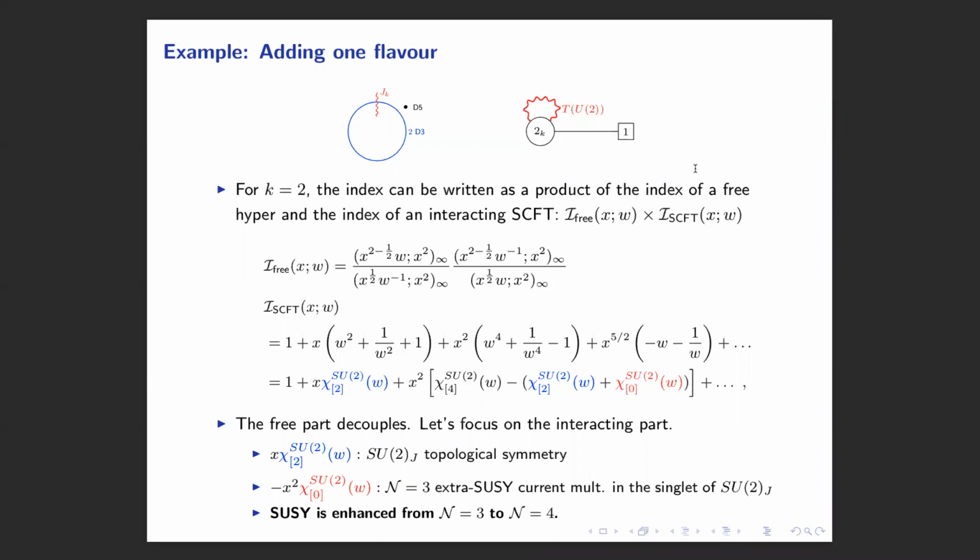You take a discrete subgroup of some symmetry of 4D N=4 at the self-dual point, and you quotient, in the sense that the theory preserves N=3 supersymmetry in 4 dimensions.